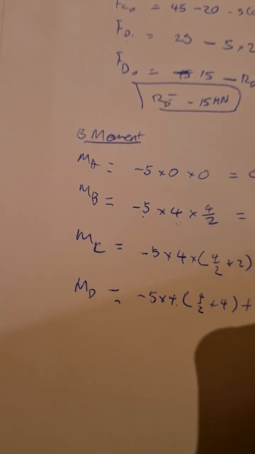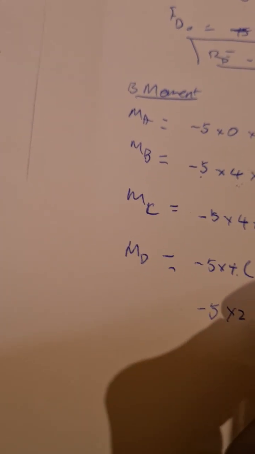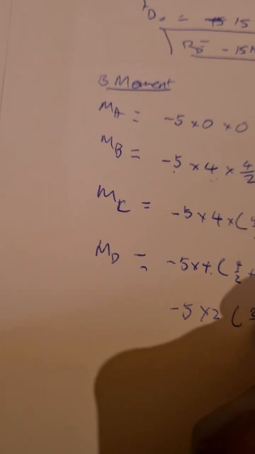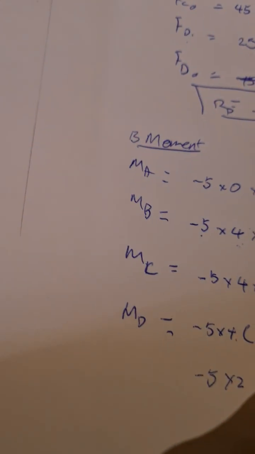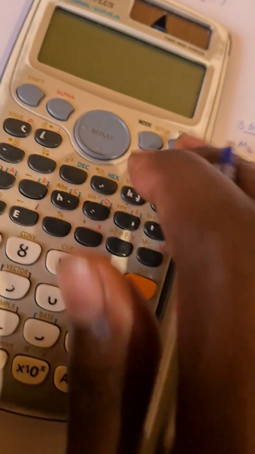Minus 20 times 2. We also have 5, so this time the UDL is at the distance of 2, so it's gonna be minus 5 times 2 in bracket 2 over the distance. We are within the UDL, so it's fine, there's nothing we can add. Then we have something like this. So now let's calculate.